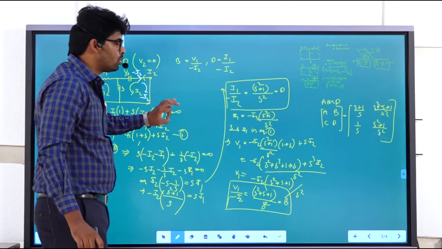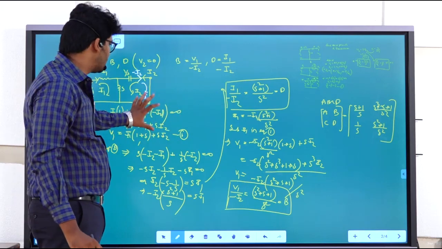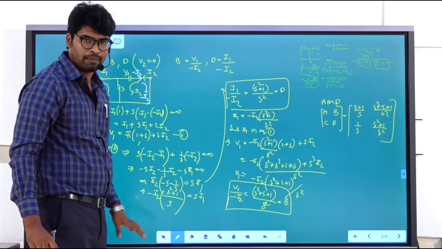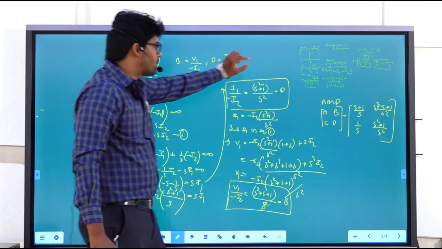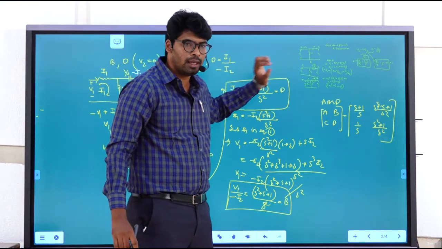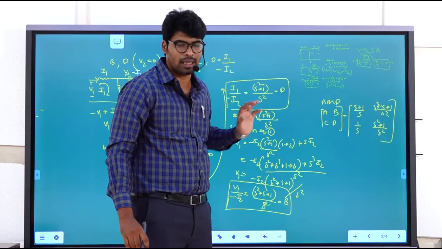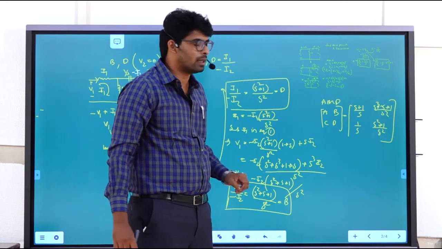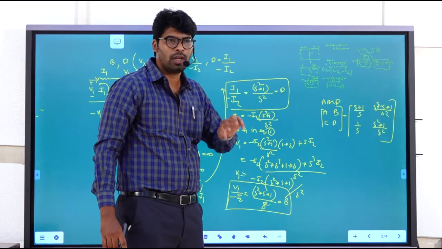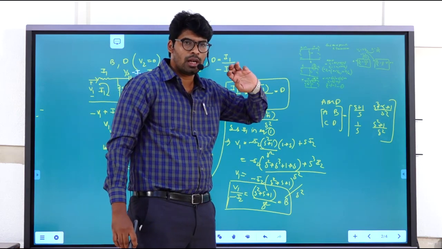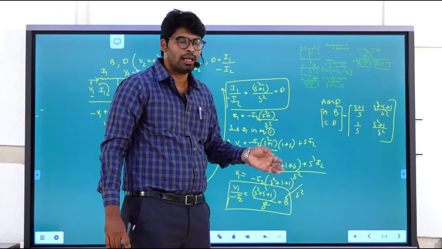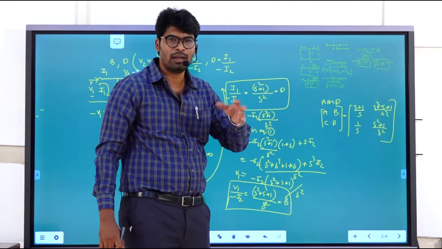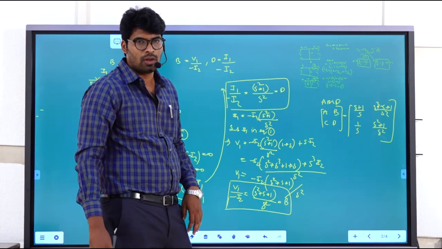There is no particular rule to do this in this format only. For this circuit, simply find Z parameters. If you know the conversion of ABCD parameters to Z parameters, then once you know the Z parameters, you can find ABCD parameters easily.